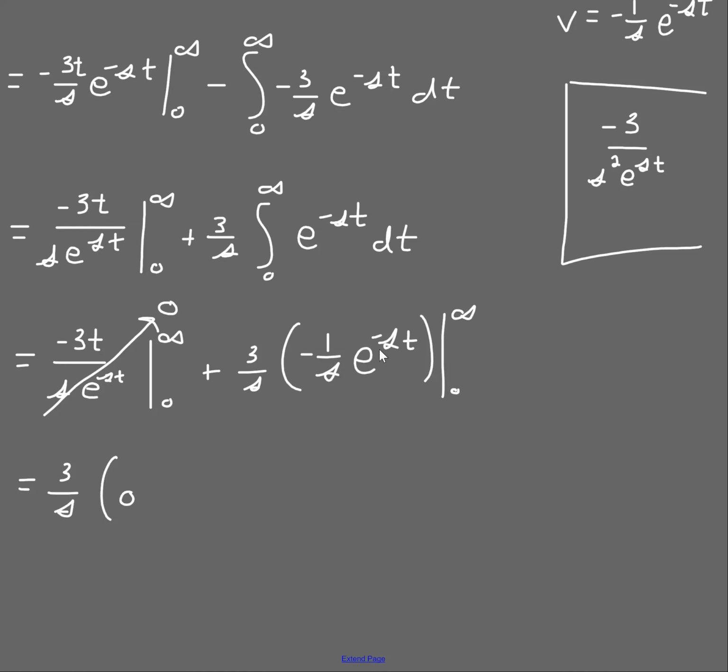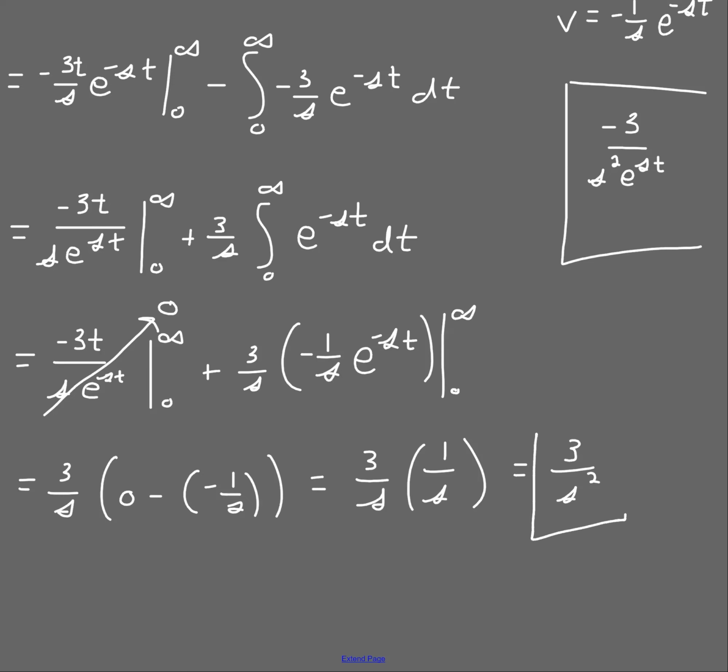And then when you plug in 0, e to the 0 is 1. So I get minus negative 1 over s, which is actually plus 1 over s. So I get 3 over s squared. That is my Laplace transform of 3t.